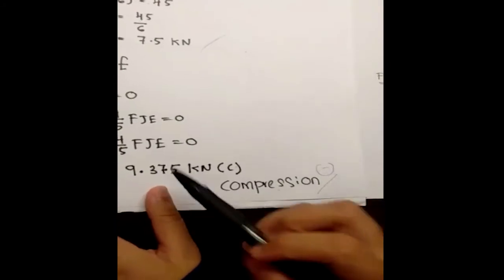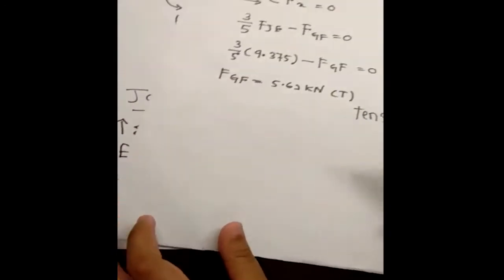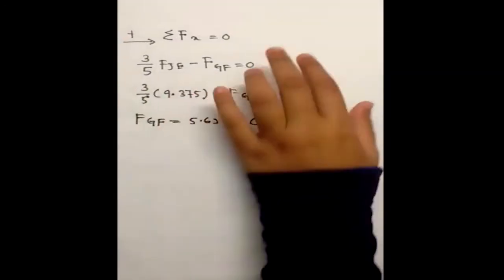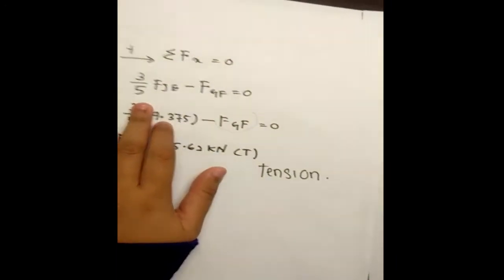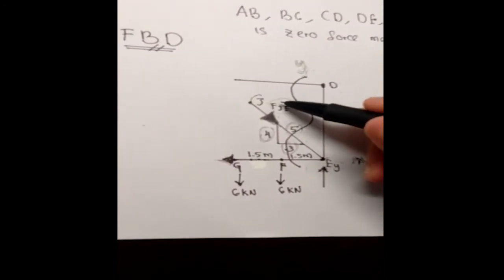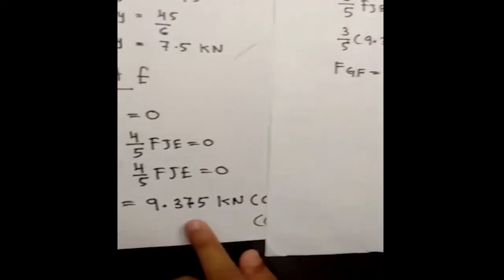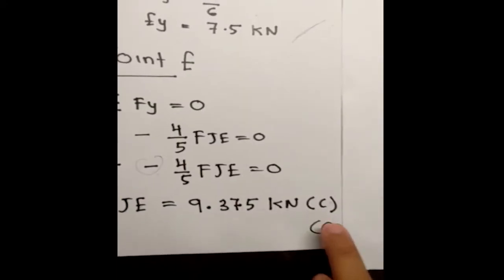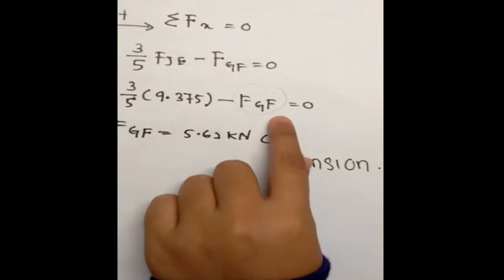After we get the summation of Fy, we solve for the summation of Fx equal to 0. So 3 over 5 of FJE, which we know from the summation of Fy is 9.375 kilonewton, so we put it in, and minus FGF.